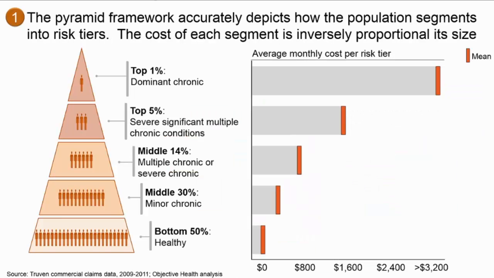So you've probably seen this page. This is the famous inverted pyramids. On the left, we have the population as is ordered by risk. The very top row, a very small number of very high-risk people, and then going down to the bottom, a large group of very healthy people. And the high-risk people are, on average, very expensive.